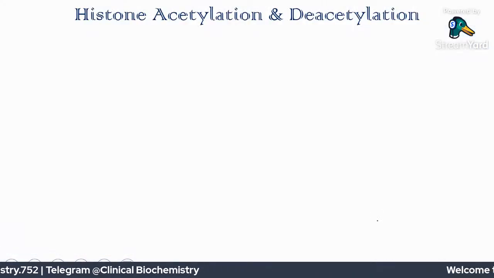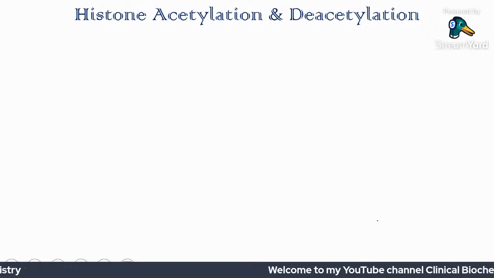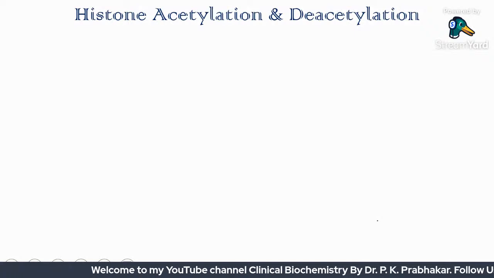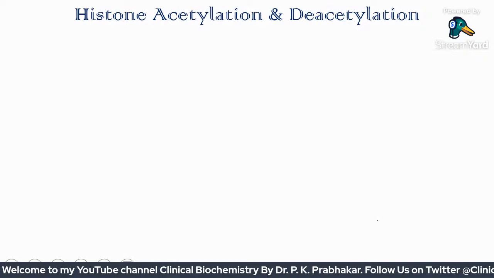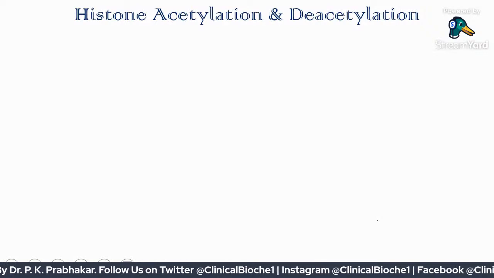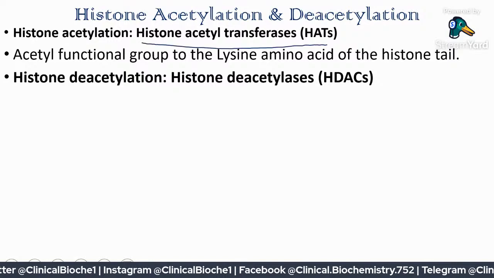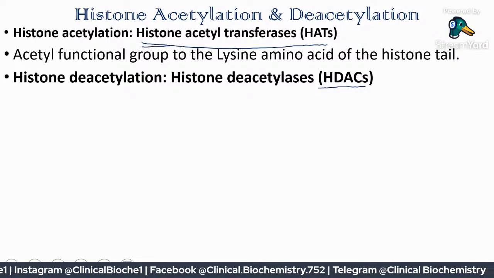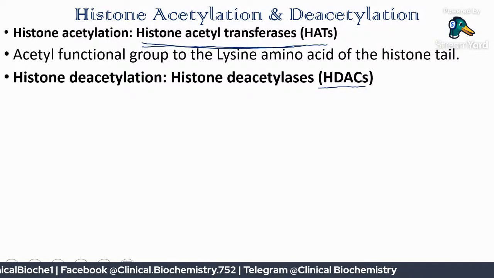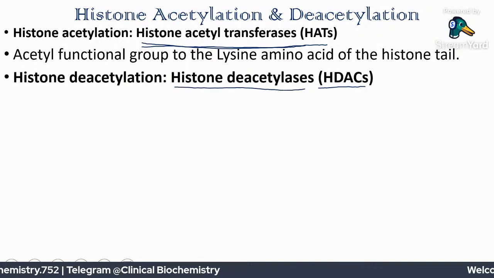Now if you want to see a little bit more detail for acetylation, for addition of an acetyl group, we have different types of enzymes. Whatever drugs I have told you, whatever nutraceuticals, whatever foods I have told you, they are going to increase acetylation or removal of the acetyl group. That is through some enzymes. They are called HAT and HDAC, histone acetyl transferase or histone acetylase, and removal is done by histone deacetylase.